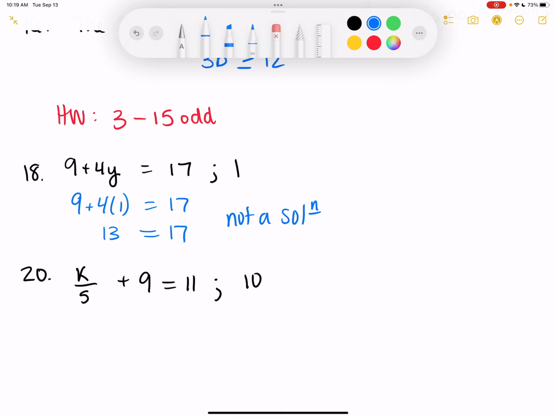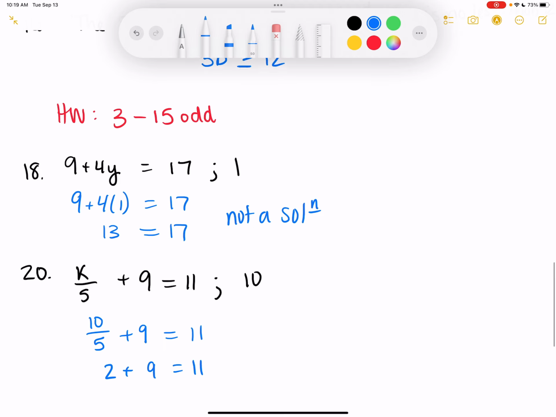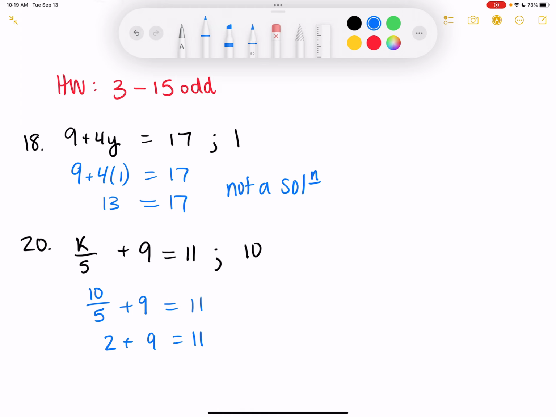So we're going to plug 10 in for K. So that's going to be 10 over 5 plus 9 equals 11. So 10 over 5, that's 10 divided by 5, which is 2, plus 9 equals 11. And 2 plus 9 is 11, so we say 11 equals 11. So this one is a solution.